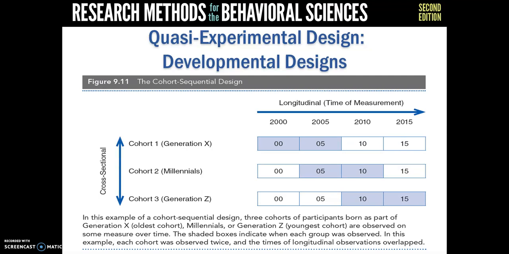For example, you have probably heard these, looking at people across different generations. So like my group, I'm actually in Generation X, who are usually born in the 1970s all the way through 1982, 83.